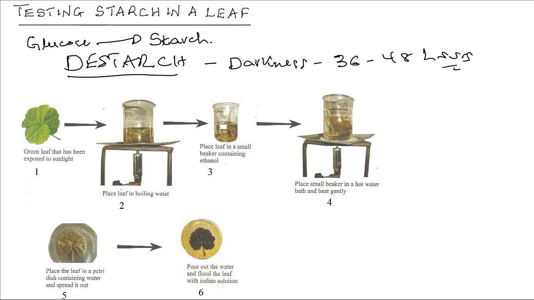Now, the following are the steps in testing for starch in a leaf. The first one, you obtain the leaf from the plant that has been exposed to sunlight for about 4 hours. Then place it in boiling water. This is to kill the protoplasm, that is, to kill the living part, and also stop the process of photosynthesis.